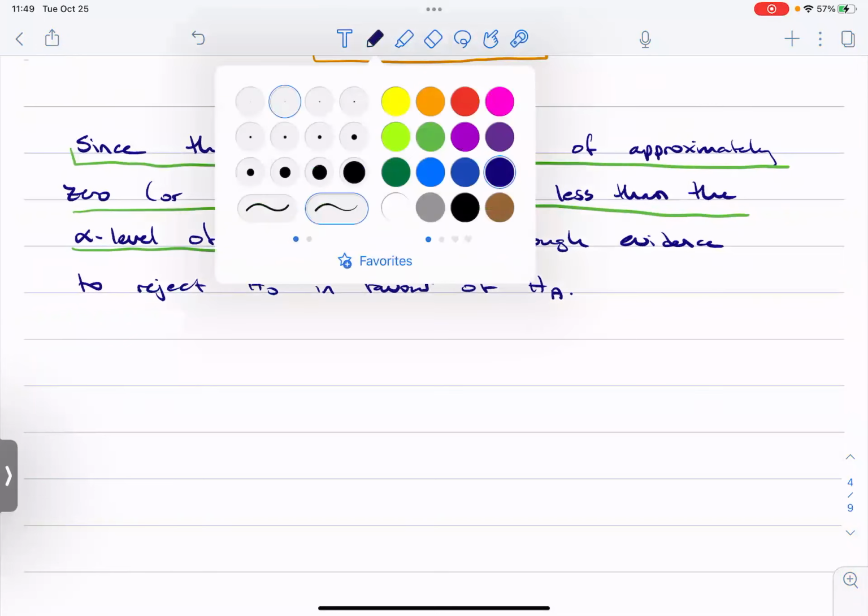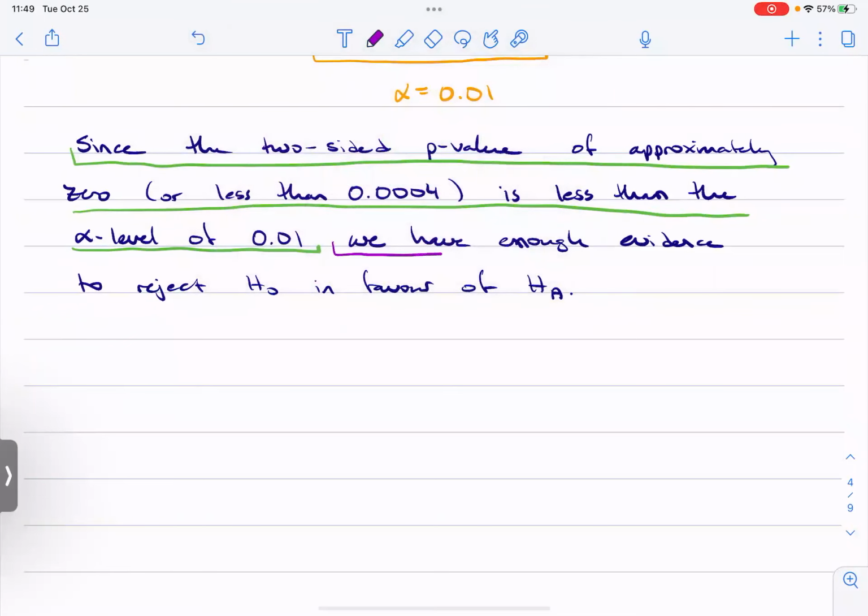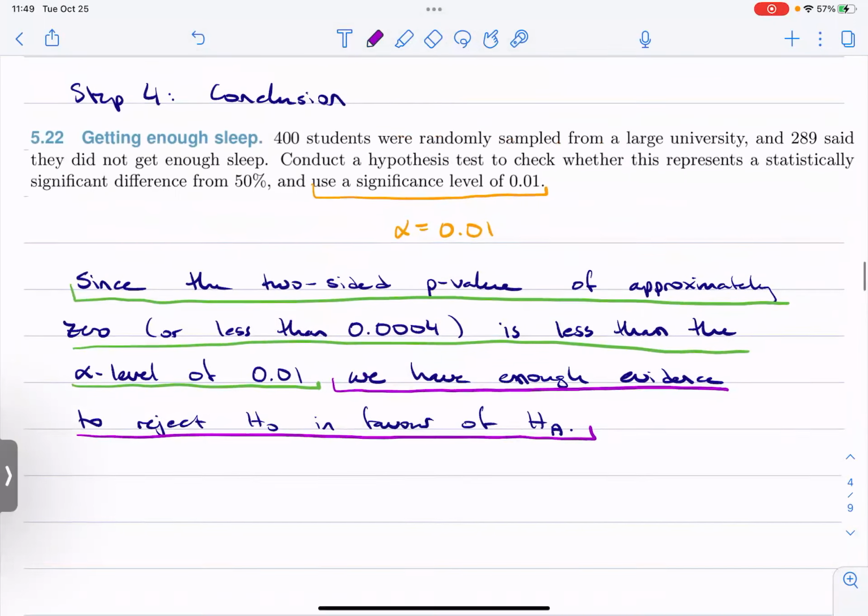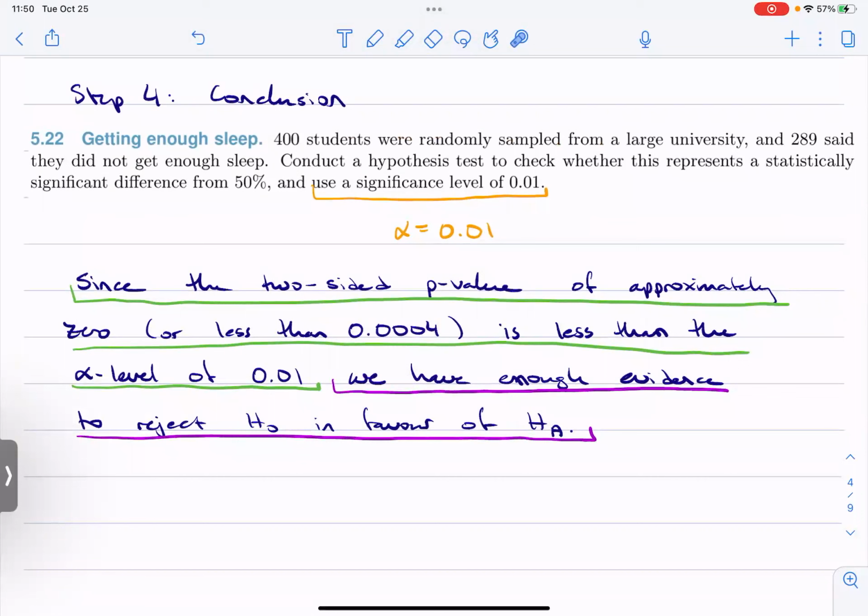So here is the second part of the conclusion. Now, this question didn't really do us any favors in terms of asking the question in a nice way that could be rewritten as an answer.